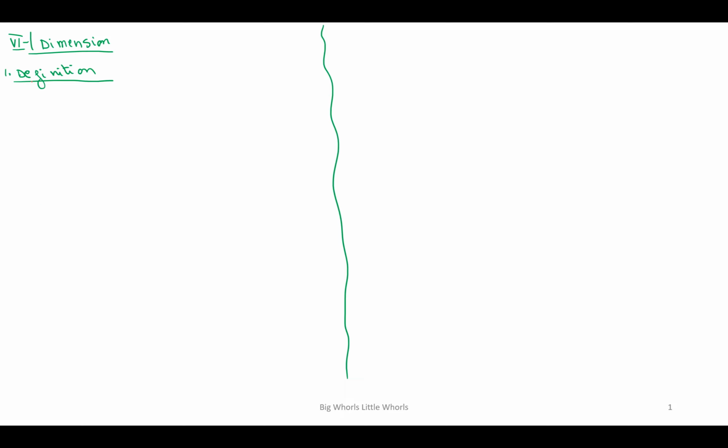Okay, let's start with the finite dimensional vector space. A definition about finite dimensional vector space.